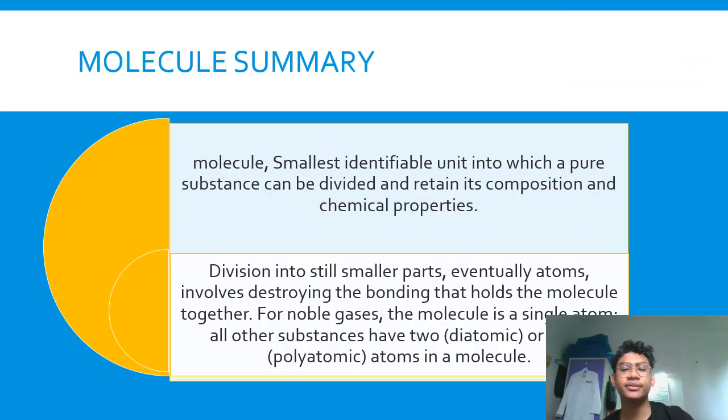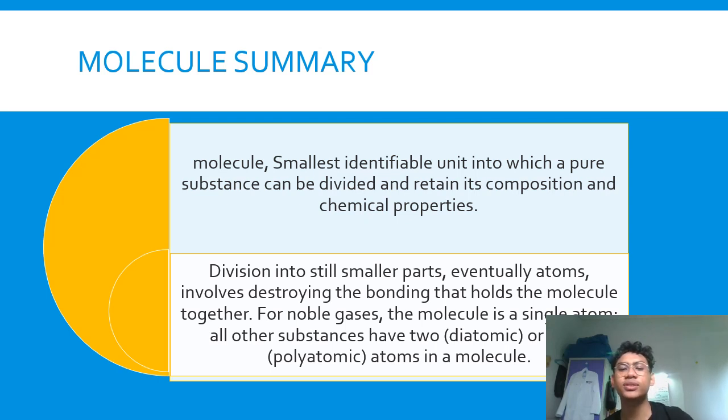In addition, for the last, we talk about the molecule summary. A molecule is the smallest identifiable unit into which a pure substance can be divided and retain its composition and chemical properties.